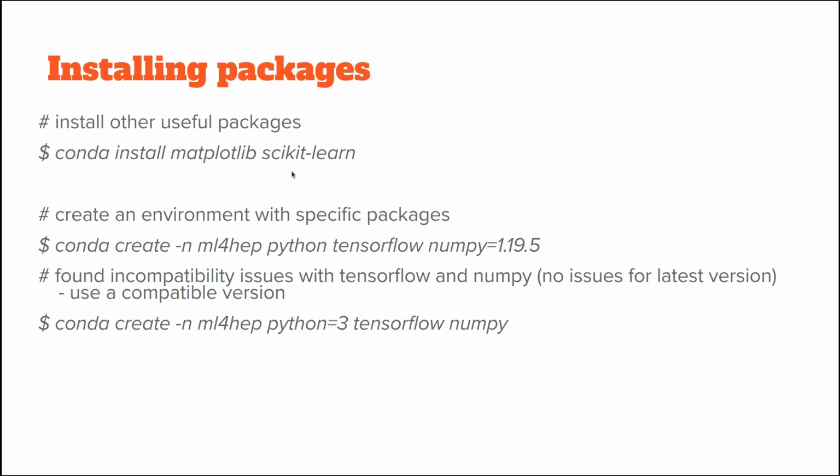Right. So after we have created an environment, we can install packages in that environment. The command for that is simple. You can just Google what package you want to install and then type conda. I'll show you. For example, let's say we want to install matplotlib and scikit-learn, so we can just do conda install matplotlib scikit-learn after activating our environment. This would install these two packages in our environment.